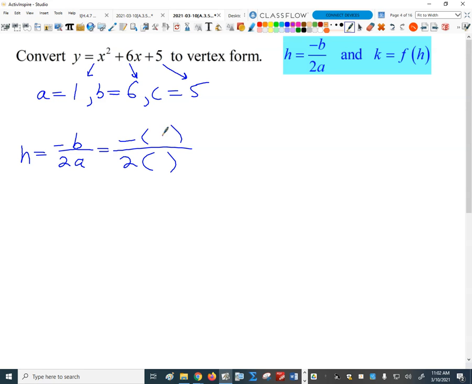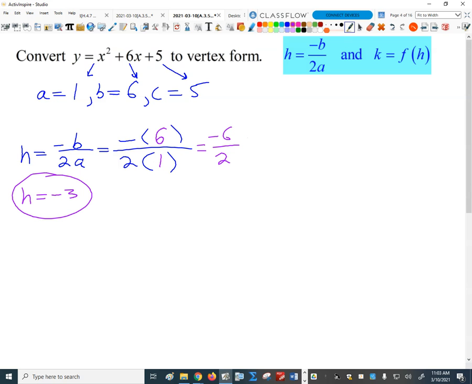The value I'm plugging in for b is 6, and the value I'm plugging in for a is 1. And so what do I get then? I get negative 6 over 2. Well, that's just negative 3, right? There it is. So I get a number.